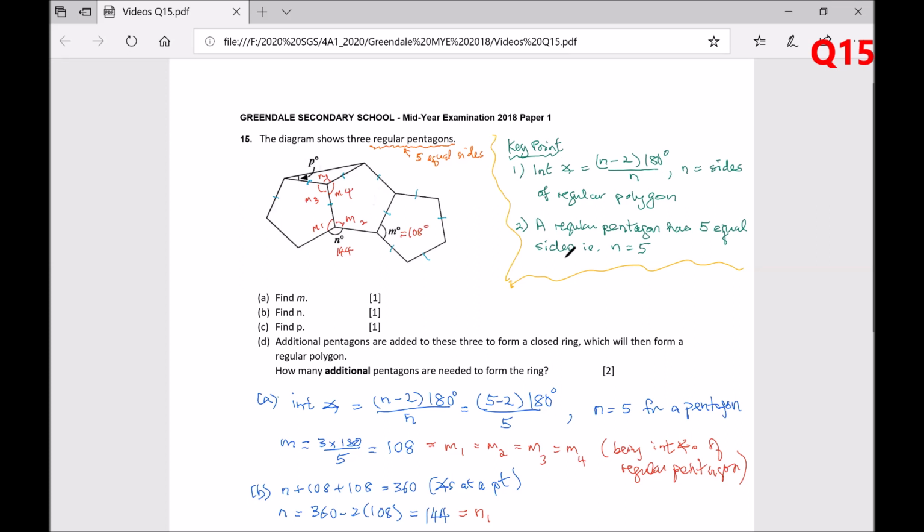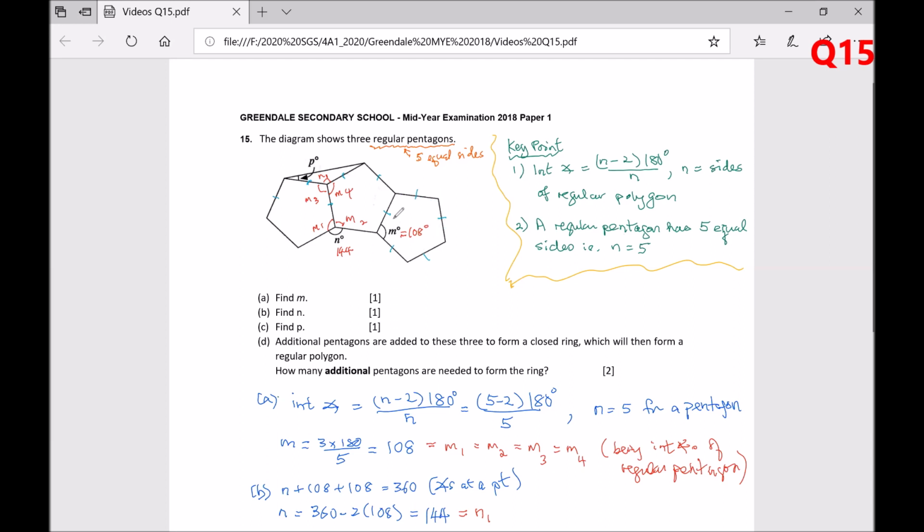We also note that a regular pentagon has 5 equal sides. Let's look at this regular pentagon. Each side is equal to one another. There are also 5 equal interior angles.